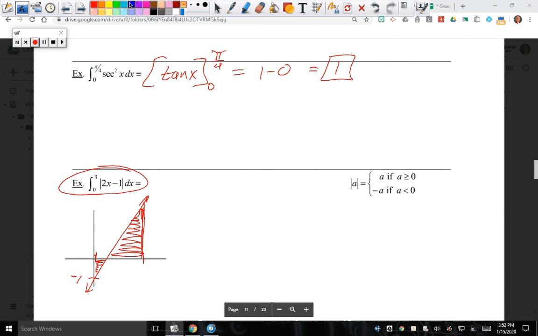So then would it not be an absolute value shape for the graph? Absolute value is always going to be what? Positive. So this little smidget right here is actually going to do a vertical reflection across the x-axis and be here, to where the area that we're actually going to interpret is this.